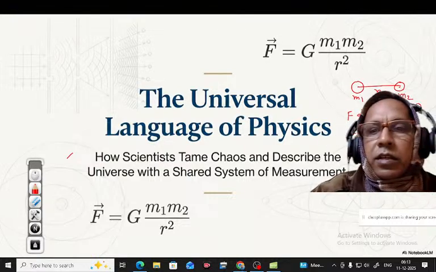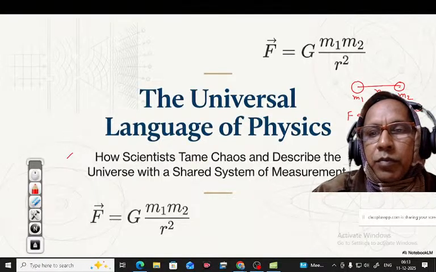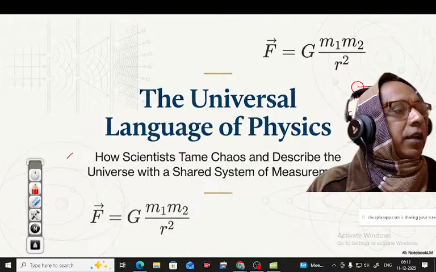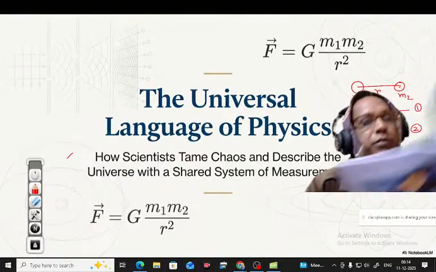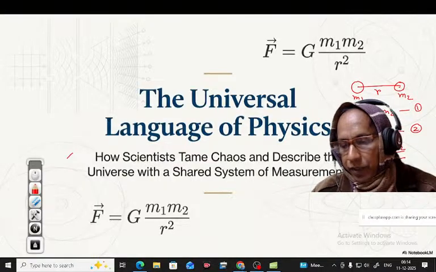If we combine equations 1 and 2, F is directly proportional to m1 m2 by r square.